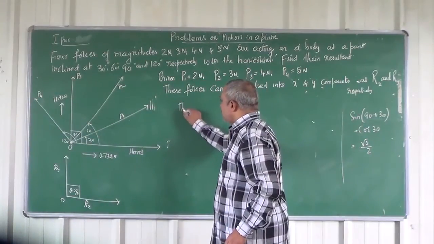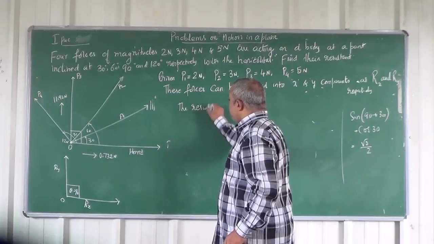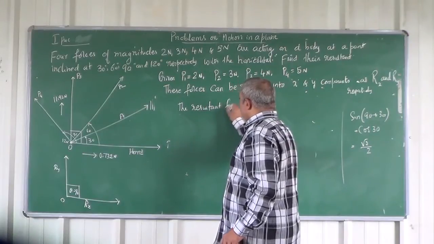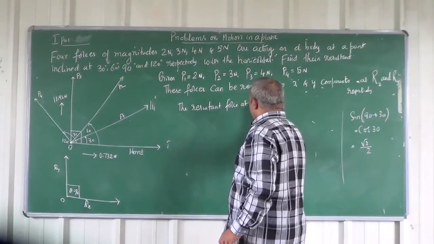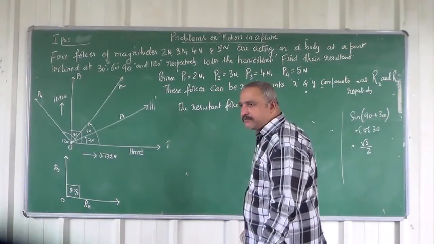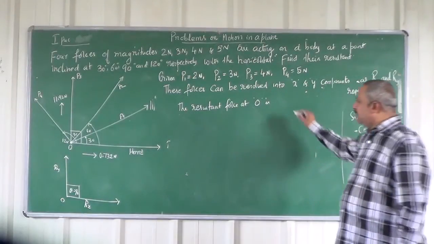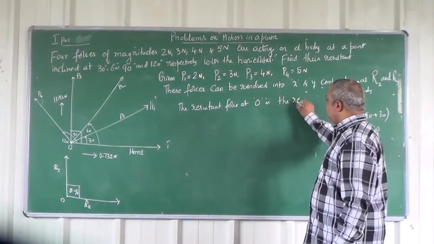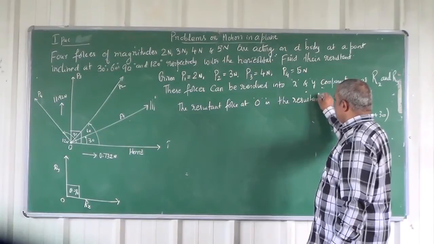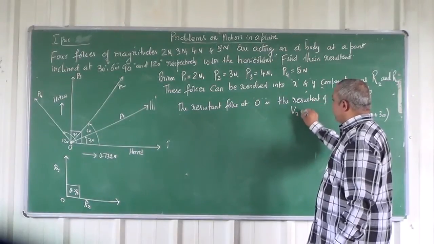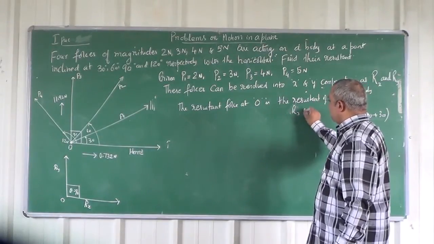Now, the resultant force at O is, the resultant of Rx and Ry.